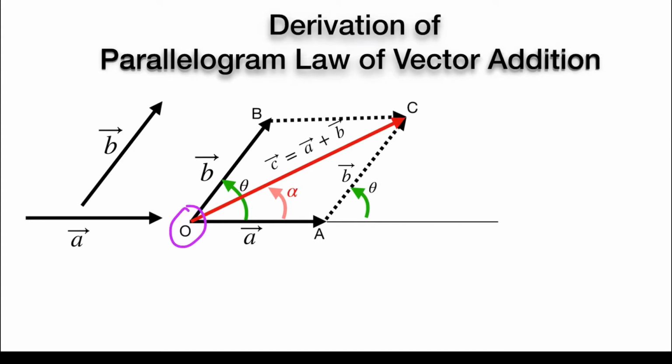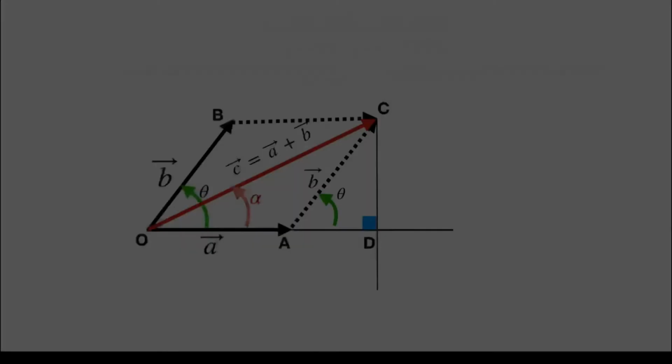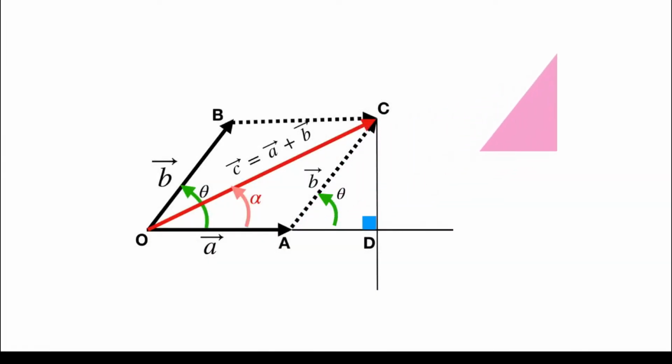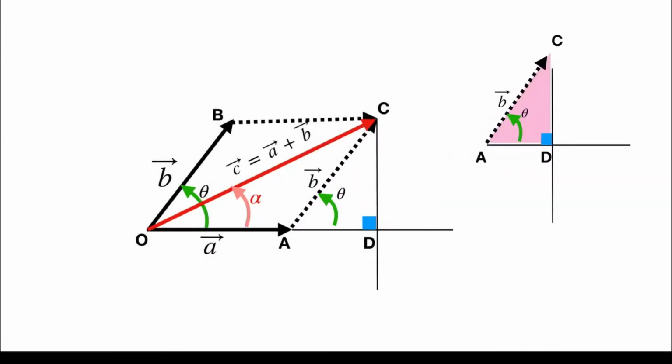Now let's draw a normal from point C to the direction of vector A that intersects the extended line OA at point D. Here you see two right angle triangles, ACD and OCD.